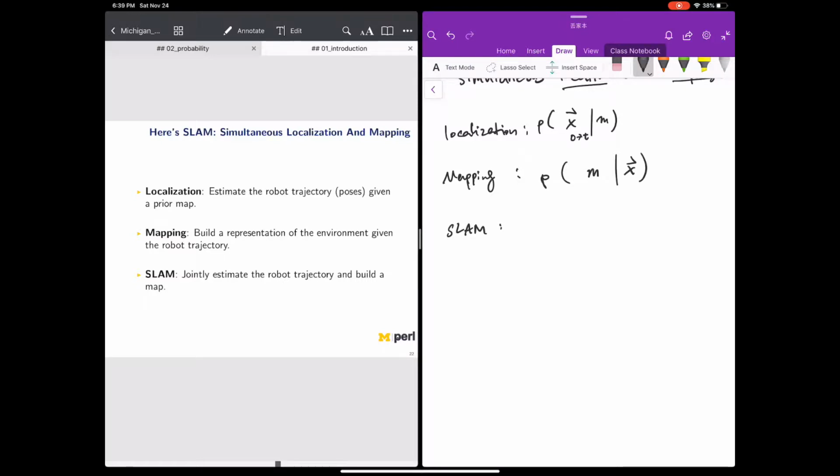Then what we are trying to do is the joint estimation of the map and x based on our observations and our actions. We will talk about what the observation and actions mean in a second.